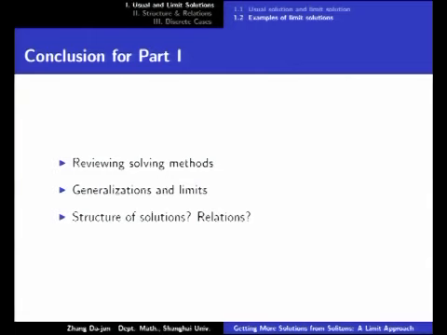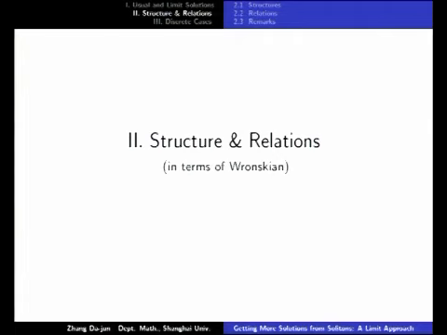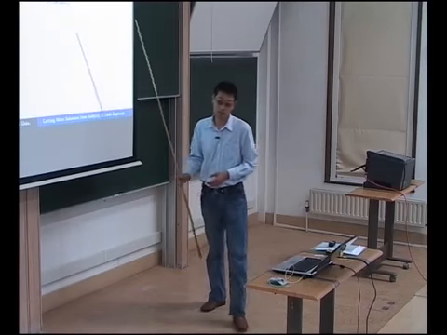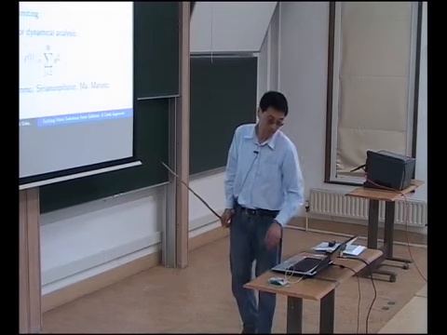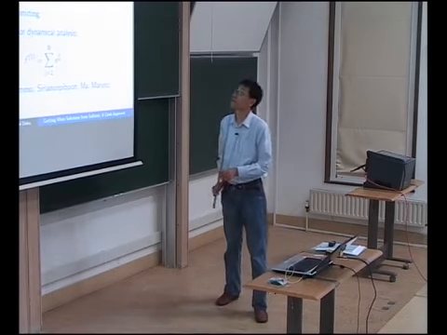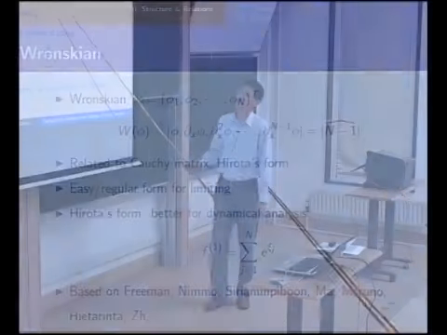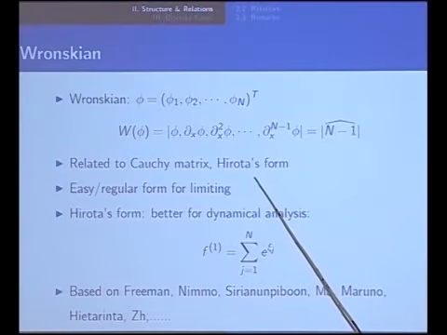The next question is what kind of solutions we can have? Or in other words, what is the solution structure, or how are they related together? We will discuss such questions in terms of Wronski.